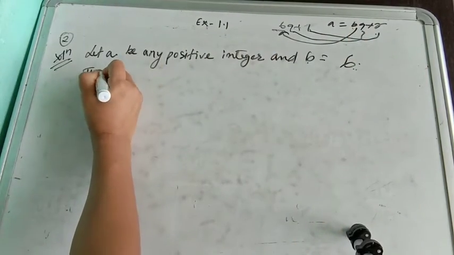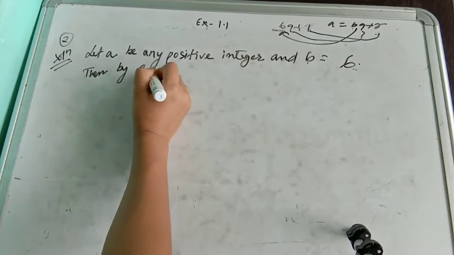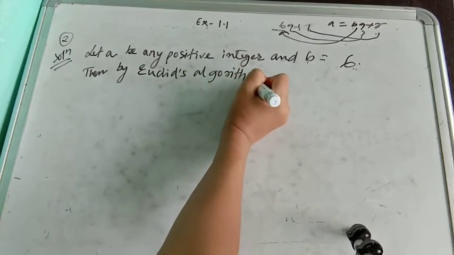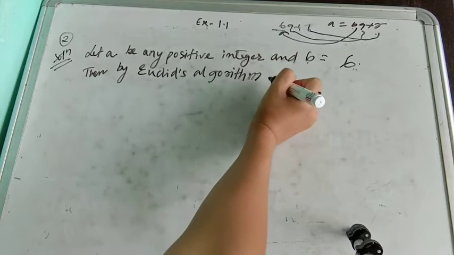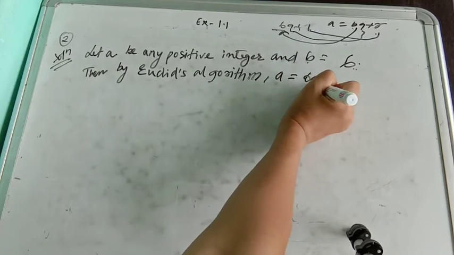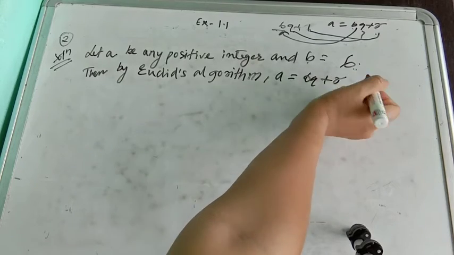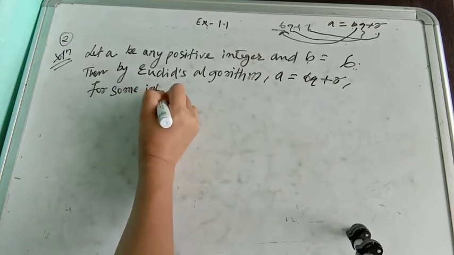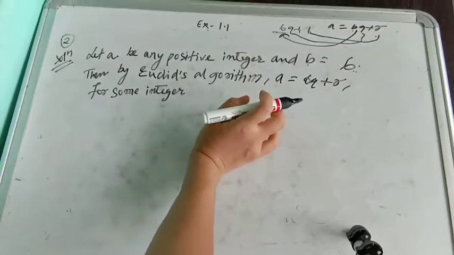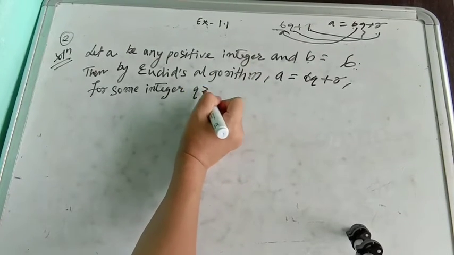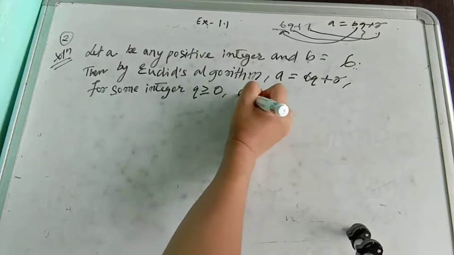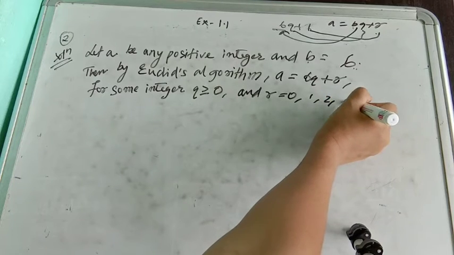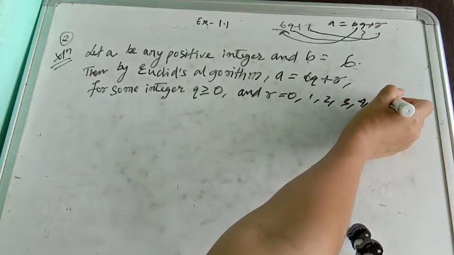In the next line we will write, then by Euclid's division algorithm, A equals 6q plus R, for some integer q greater than or equal to 0 and R equals 0, 1, 2, 3, 4, 5.